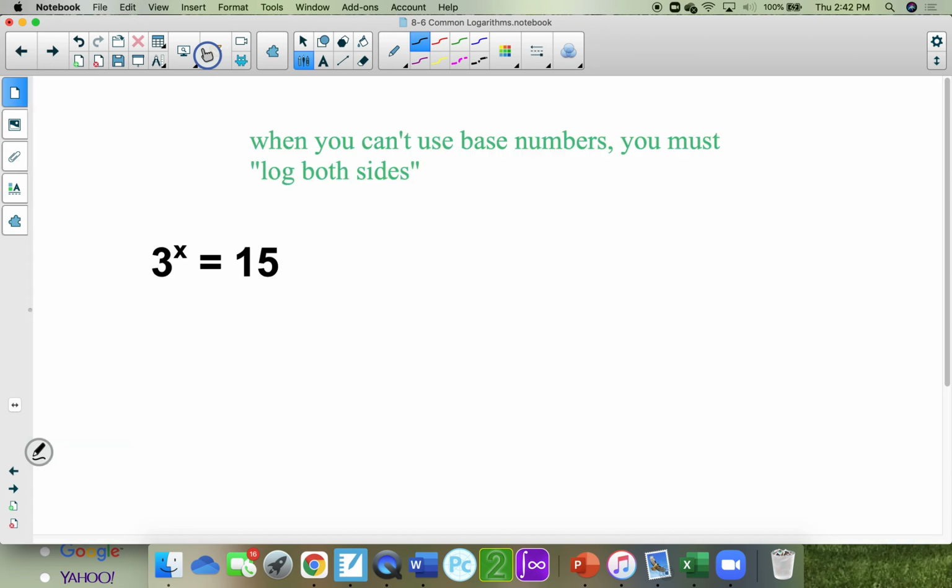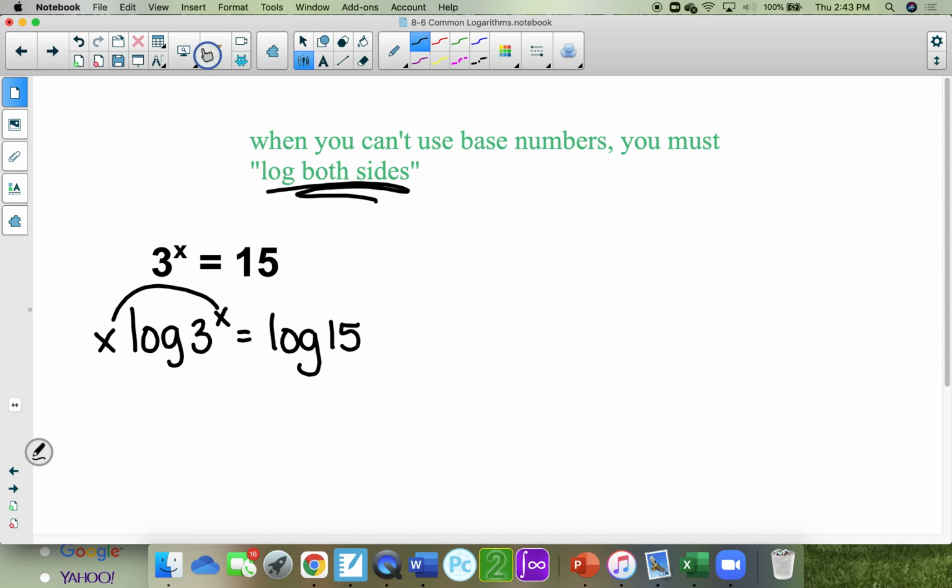In order to solve this problem, I am going to rewrite it back into the form of a log. So the log base 3 of 15 equals... oh, not that. I'd rather do it a different way. All I'm going to do is log both sides of my problem. In order to get the x back on the ground, I have to log both sides.